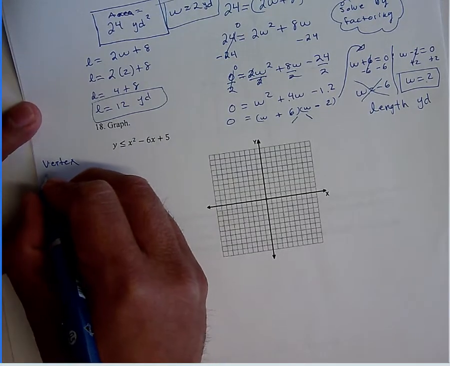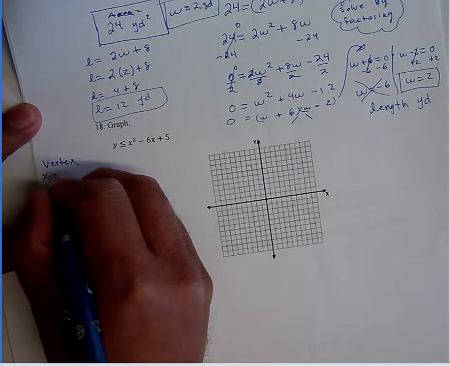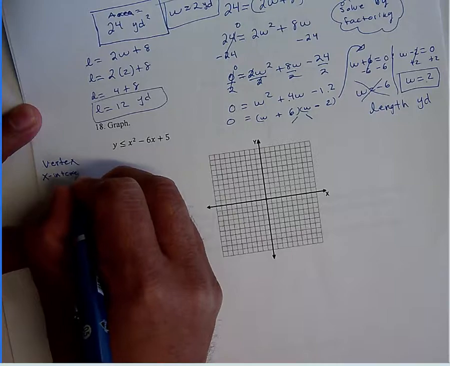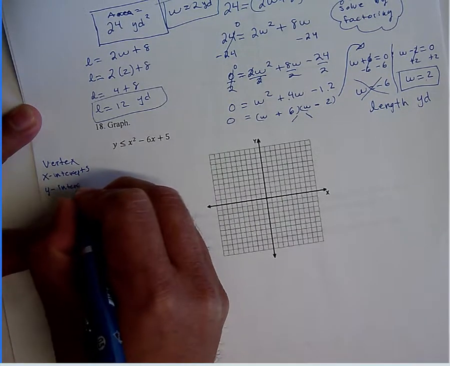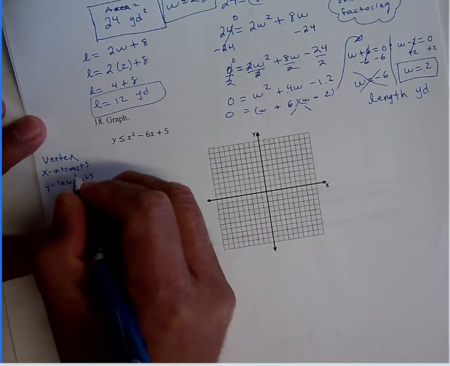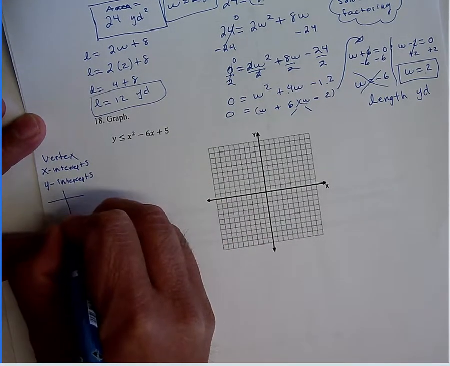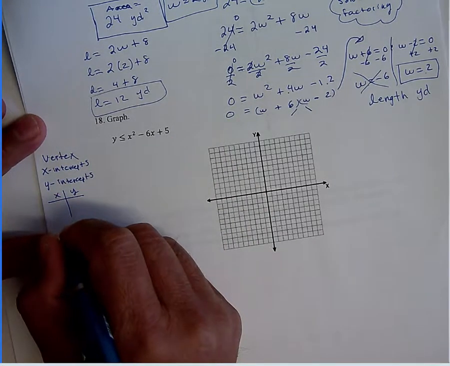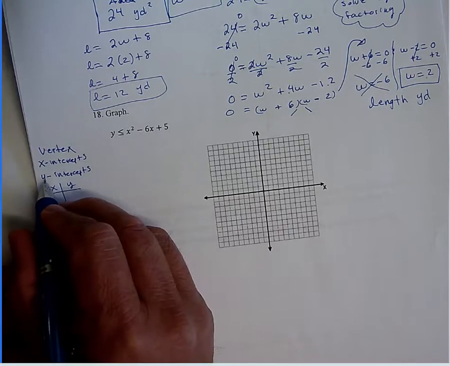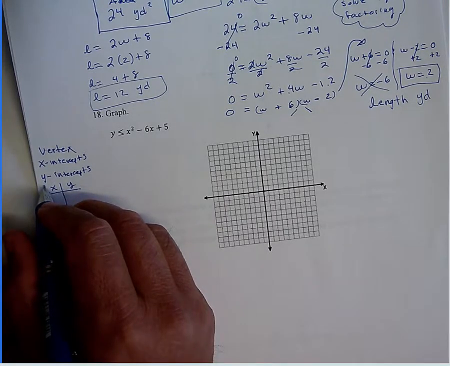You can also find x-intercepts. You can find y-intercepts. You could build a table, pick values, and then substitute here. But I'm going to use this one.